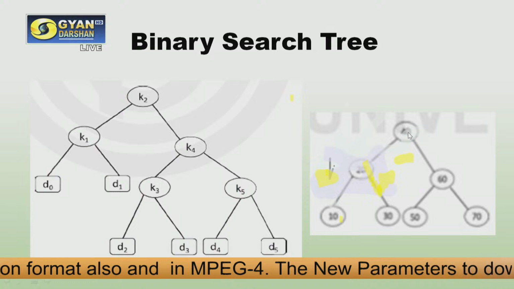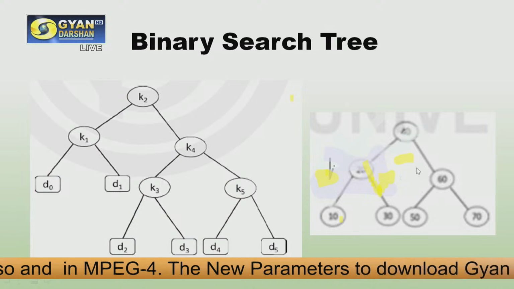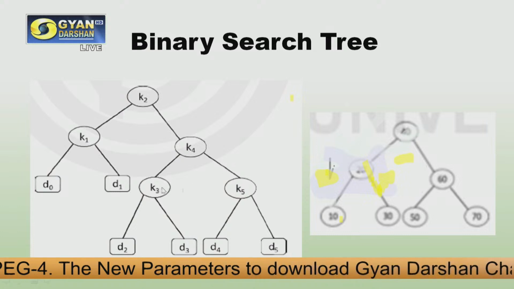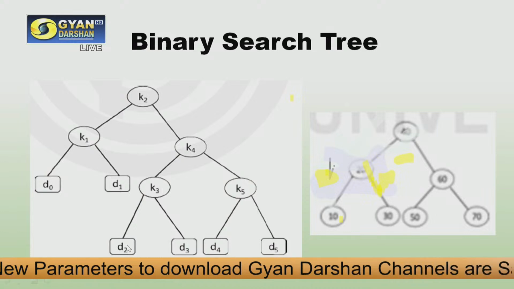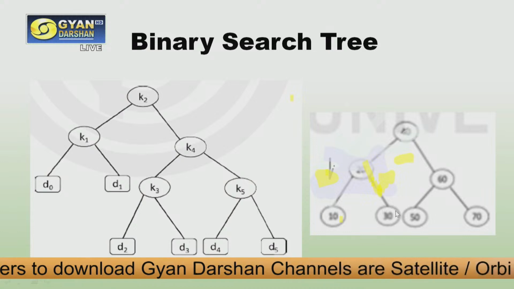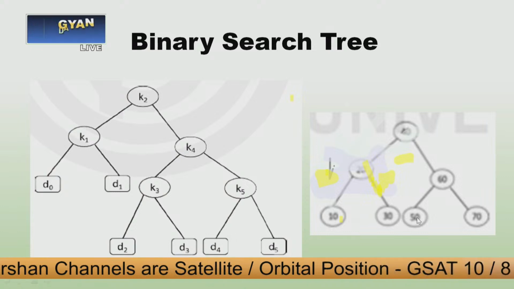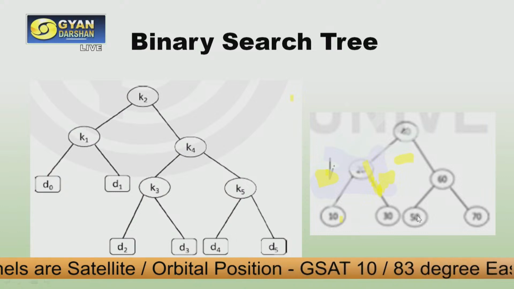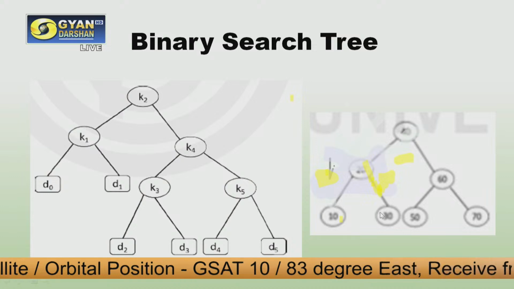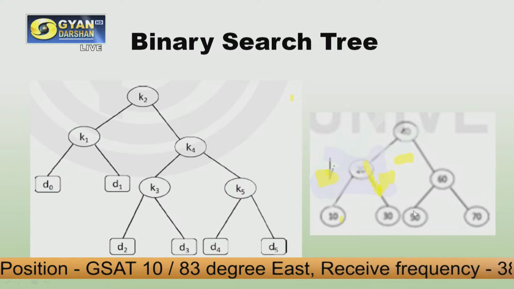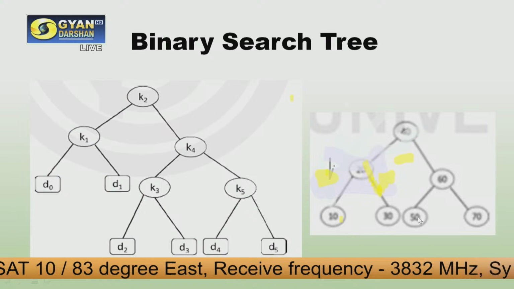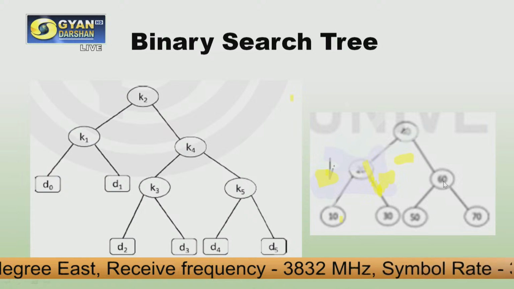Anything slightly more than 40 but less than 50 is going to be D2, right? D3 is going to be anything more than 50 but less than 60, like that.